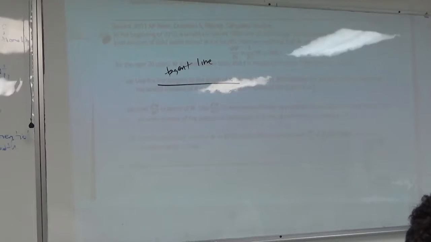Here's the problem. This 1 over 25 times w minus 300 should be a number. You want the slope at the point 0, 1400, where t equals 0.